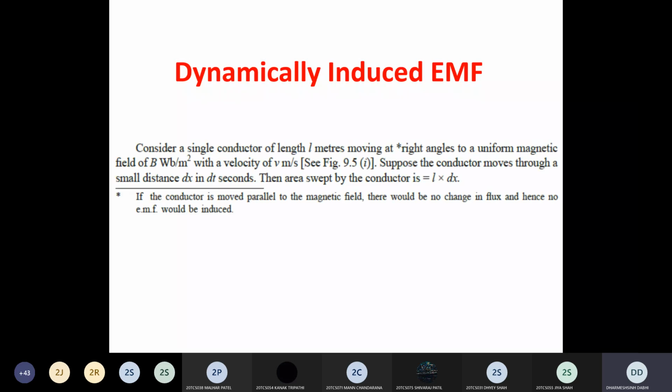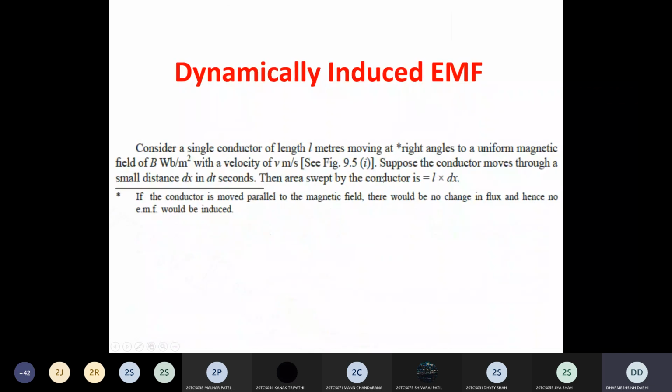As we already discussed, it is called dynamically induced EMF because here the EMF is induced in a movable conductor. Here a single conductor of length L meter is moving at right angle to a uniform magnetic field of flux density B weber per meter square with a velocity of V meter per second.